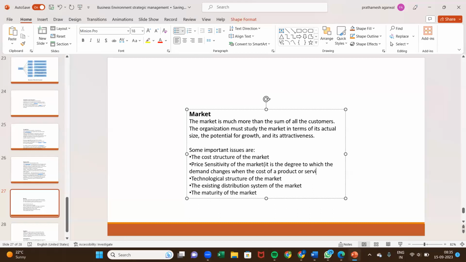All right, if the cost changes, what will be the demand of the product? Will it be the same or will it change? That is called price sensitivity.